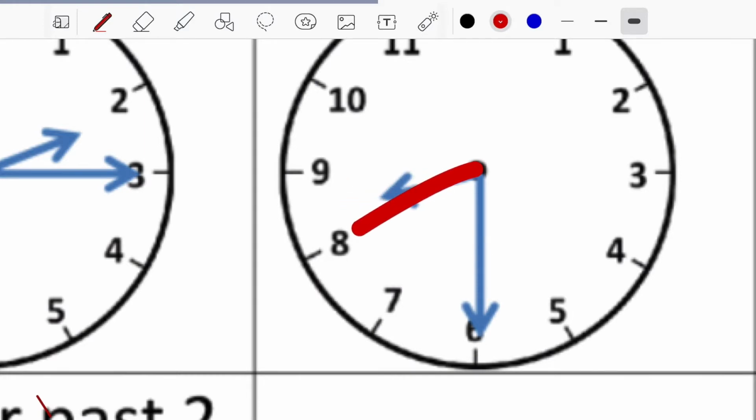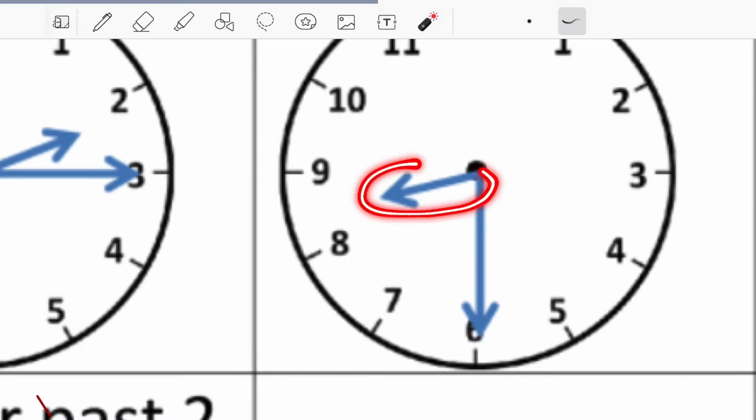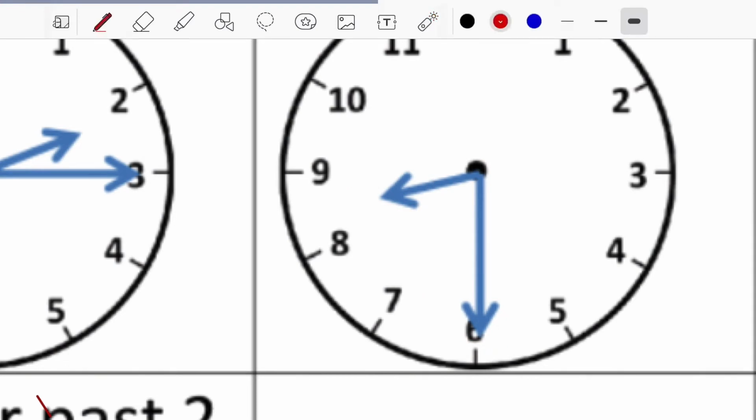So it will start here, 8, 8:05, 8:15, 8:30, 8:45, and then 9. So the time right now is telling us it's 8:30. If it was 9:30, then the hour hand would be between the 9 and the 10.